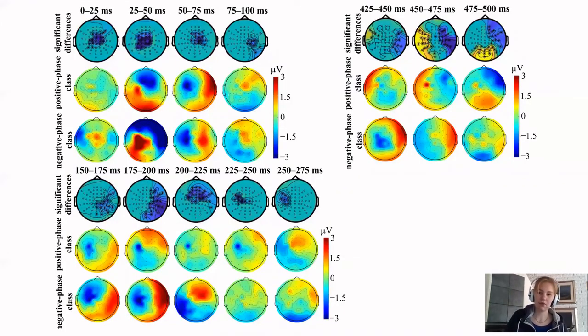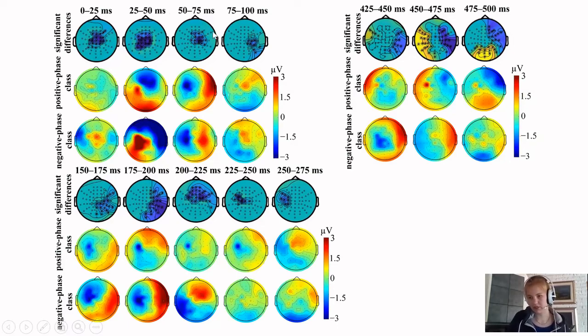So here's an example of the class differences for one subject after M1 stimulation for the mu rhythm. So the upper row shows when and where significant differences were found for the two classes, while the second and third rows show the average topographies of the positive phase class and for the negative phase class.